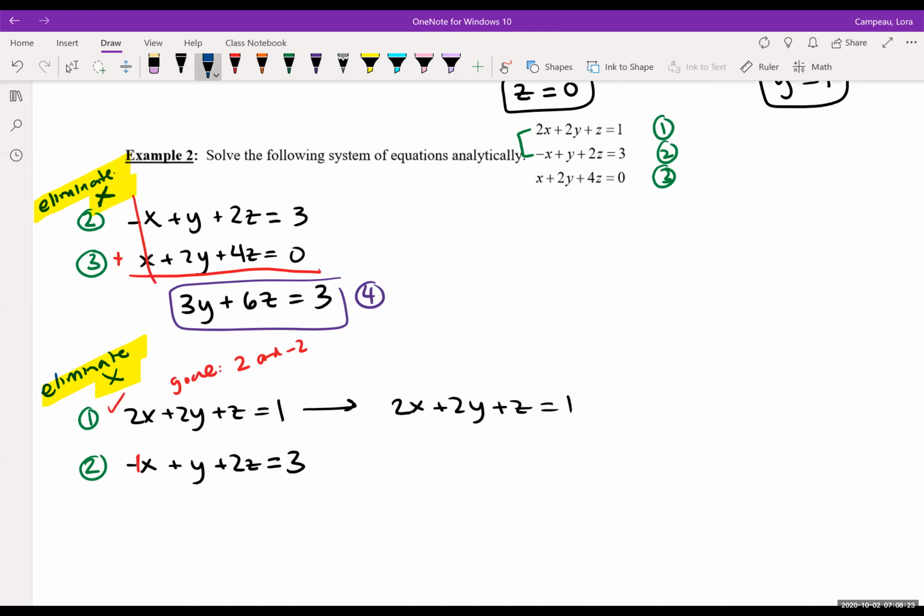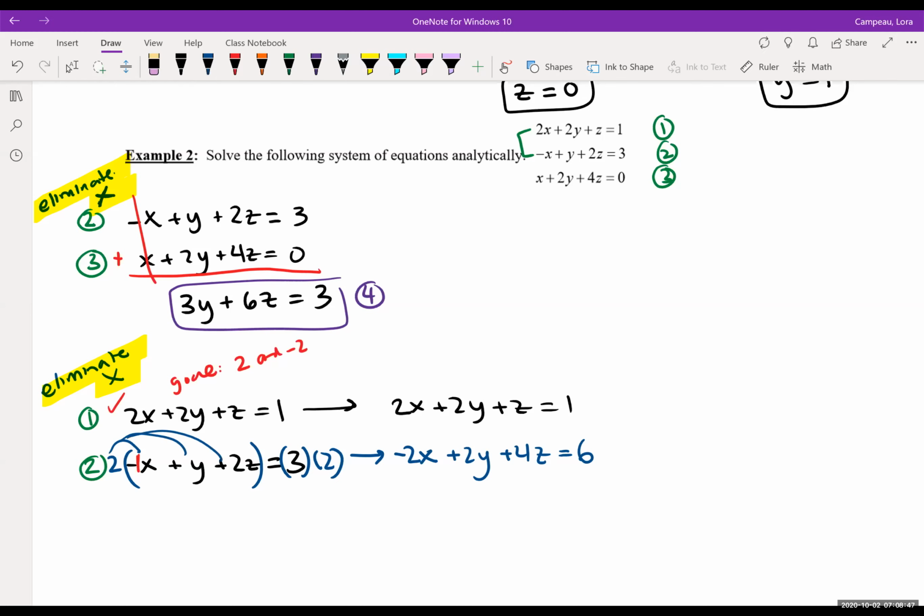And equation number 2, we would have to multiply that by 2 on both sides so that we get that negative 2x that we needed. So I have negative 2x plus 2y plus 4z equals 6. Notice that we're distributing.